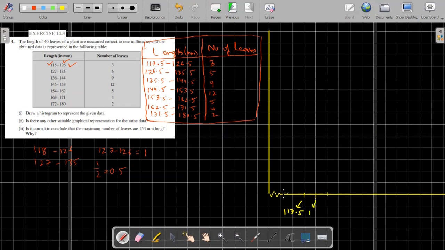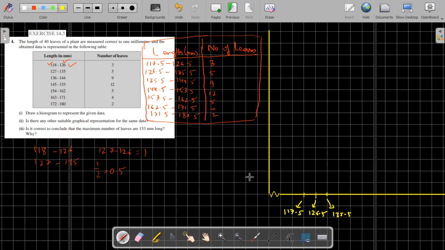Then this is 126.5, and this point is 135.5. Like this you have to make. So how many bars are there? We have 1, 2, 3, 4, 5, 6, 7 bars. So from here we have to draw the 7 bars.